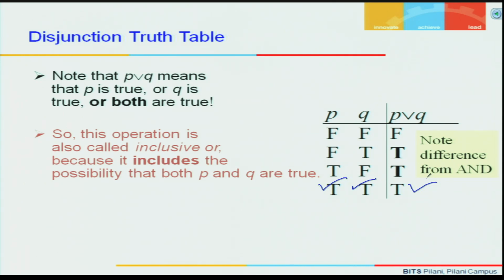Of course, if one of them is true, I have to define P or Q as true. That is there anyway. But even if both of them are true also, I am defining P or Q to be true. This is inclusive of this particular condition. Hence, it is called inclusive OR. You will get a better understanding when I go to exclusive OR. Then you will appreciate the difference.